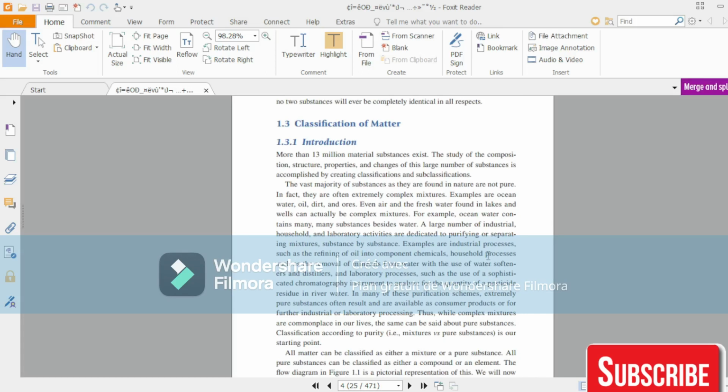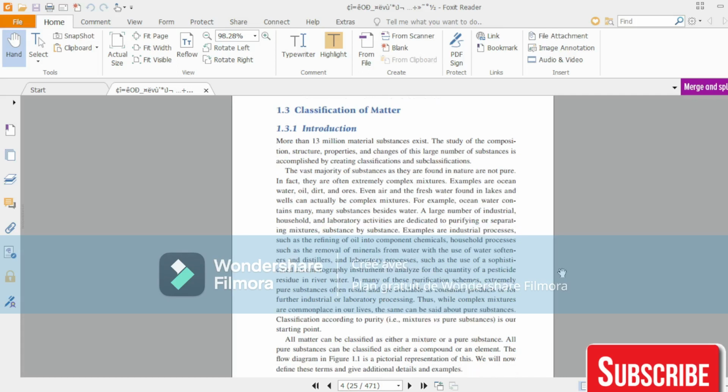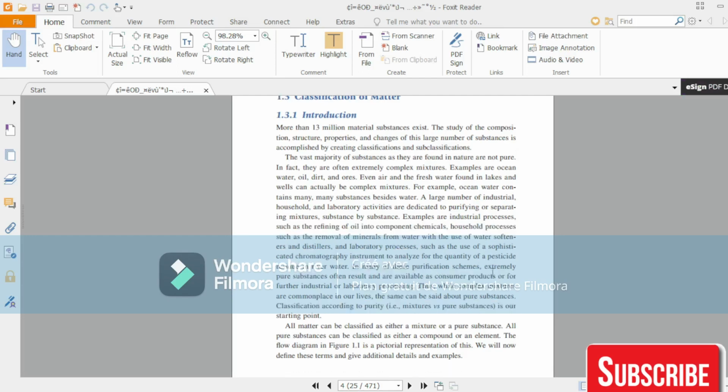Examples are industrial processes such as the refining of oil into compound chemicals, household processes such as the removal of minerals from water with the use of water softeners and distillers, and laboratory processes such as the use of sophisticated chromatography instruments to analyze the quantity of pesticide residue in river water.